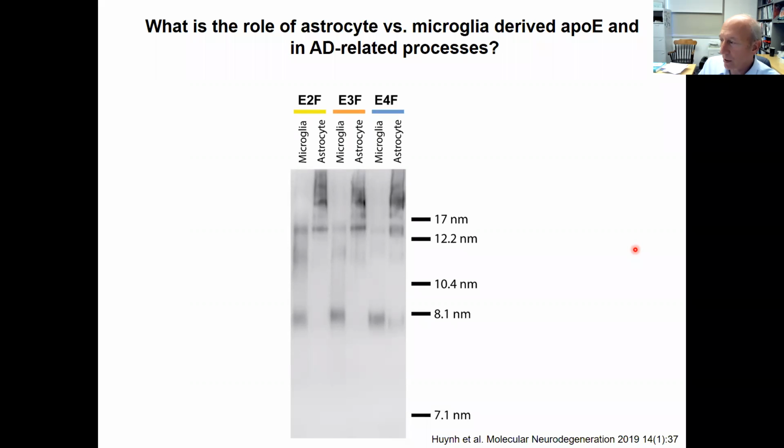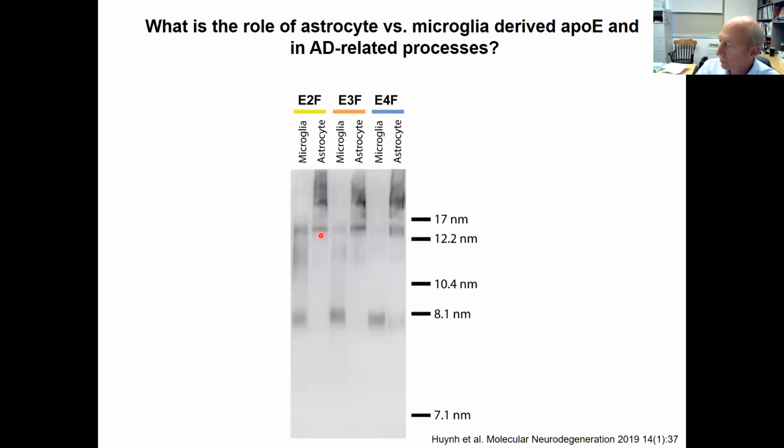And what you can see on this non-denaturing gradient gel, which looks at the size of APOE lipoprotein particles that are secreted by these cells, is that the astrocytes, which has been known for some time, secrete APOE in a relatively normal size HDL particle that's about 12 to 20 nanometers in size.